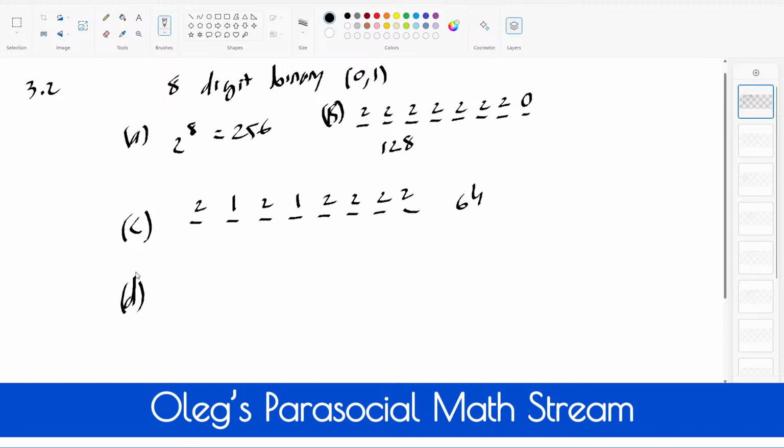I would say we have to figure out how many have the one digit, and then we add it with the other. So let's say 1, 2, 3, 4, 5, 6, 7, 8. We're going to say 1, and then 1, 2, 3, 4, 5, 6, 7, 8. Well, if you did it that way, that would give us the same number, though.